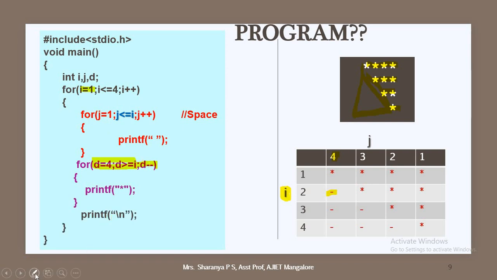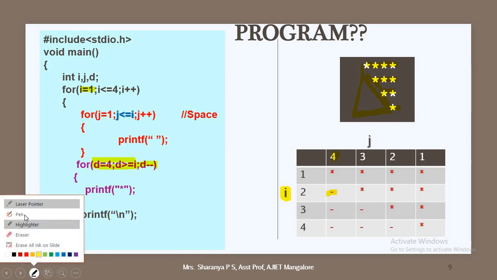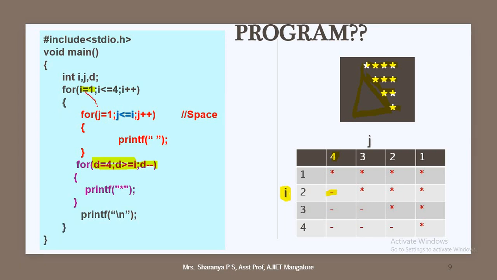Now if we look into how it is processed with a simple example, I will be 1, and it will be moving inside the inner loop with the J value 1. It provides the space. First J will be equal to 1, 1 is less than or equal to 1, the condition is true. So it provided the space in the very beginning. Next after that it will be printing with the D value.